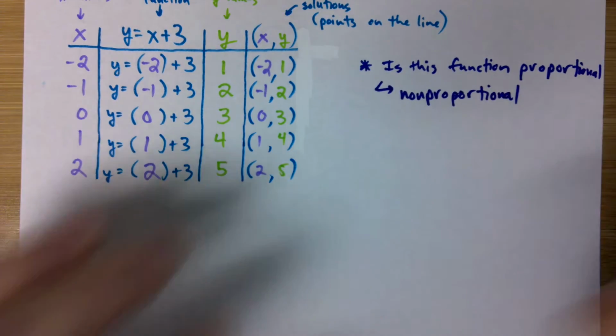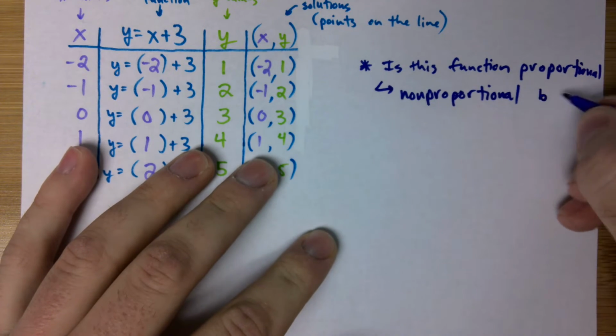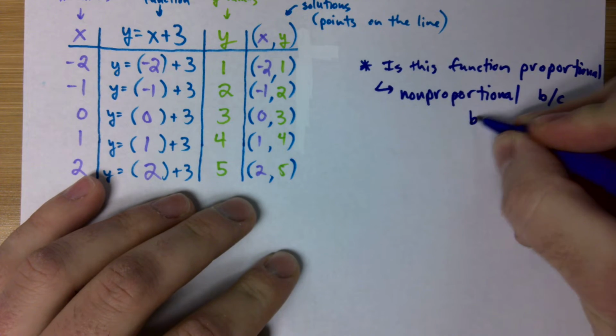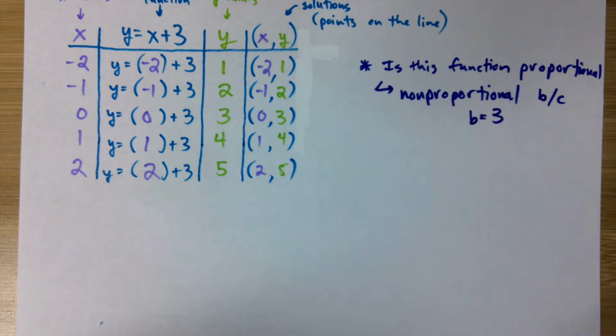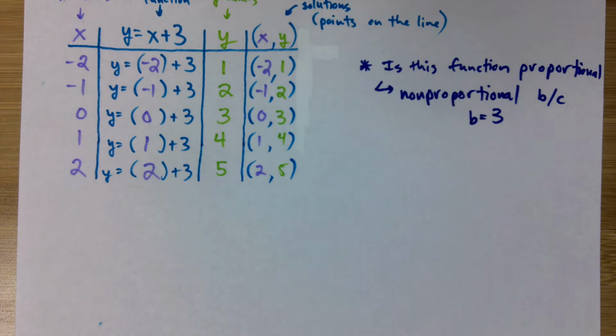If you ever forget, we have nice clear notes that we took yesterday on exactly what a proportional and non-proportional relationship look like. But for here, it's non-proportional because b is equal to 3. B slash c just means because. It's a shorter way of writing it.